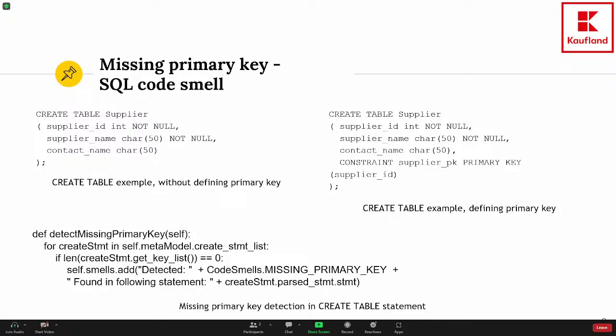And he is warned that there is another record with this data. To detect this code smell, I check the create table statement, and if the primary key keyword is mentioned, I select that column and add it to a list. So if the key list is empty, that means that there is the missing primary key SQL code smell.